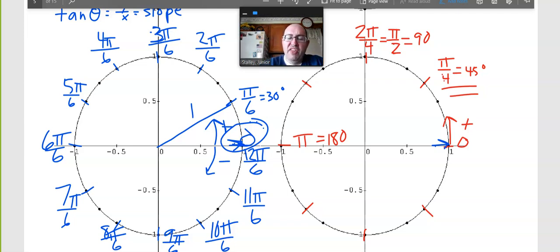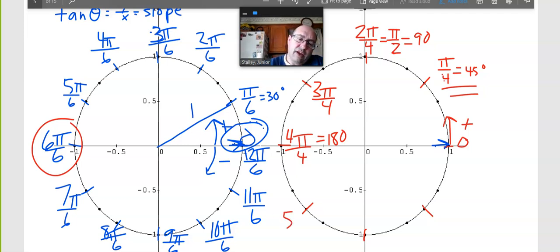Okay, if that's 2 pi over 4 at the top, then this would be 3 pi over 4. And this would be 4 pi over 4. And as I said, you know that some of these reduce, just like this one over here reduces, right? 6 pi over 6, that's the same thing as pi. Then you've got 5 pi over 4. At the bottom, 6 pi over 4. Now, 6 pi over 4 and 9 pi over 6, identical.